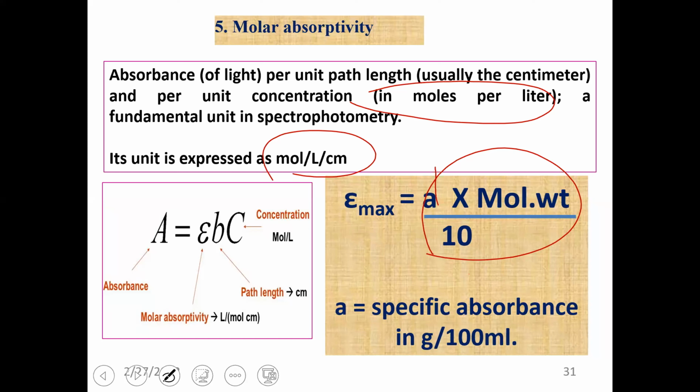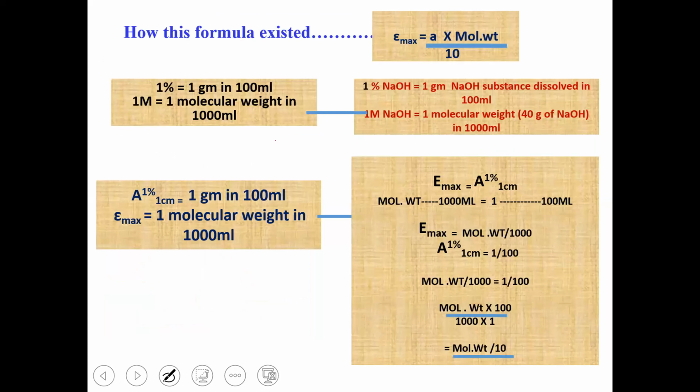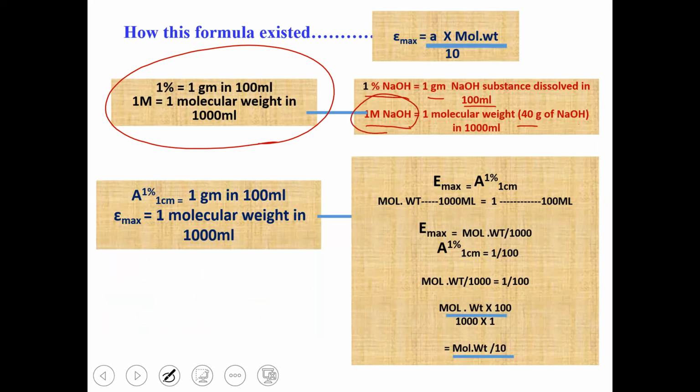Now, as a student, you should understand how this 10 has arrived in the formula. With a simple example, I wanted to differentiate between 1% sodium hydroxide and 1 molar sodium hydroxide. In case of 1% sodium hydroxide, it's nothing but 1 gram dissolved in 100 ml solvent. But 1 molar is 1 molecular weight, which is 40 grams, right? Sodium hydroxide: 23 plus 16 plus 1 comes to around 40. So 40 grams dissolved in 1000 ml becomes 1 molar.